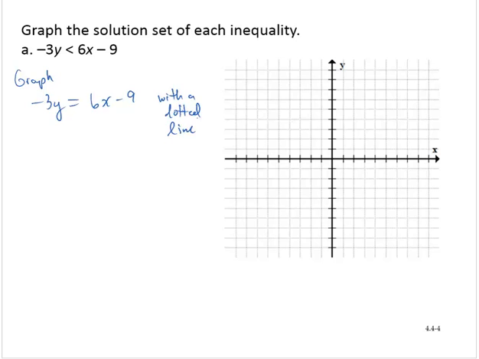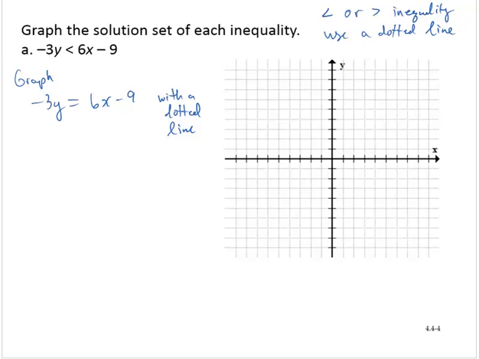Why a dotted line? If we have a less than or greater than inequality, we use a dotted line. That is the convention.